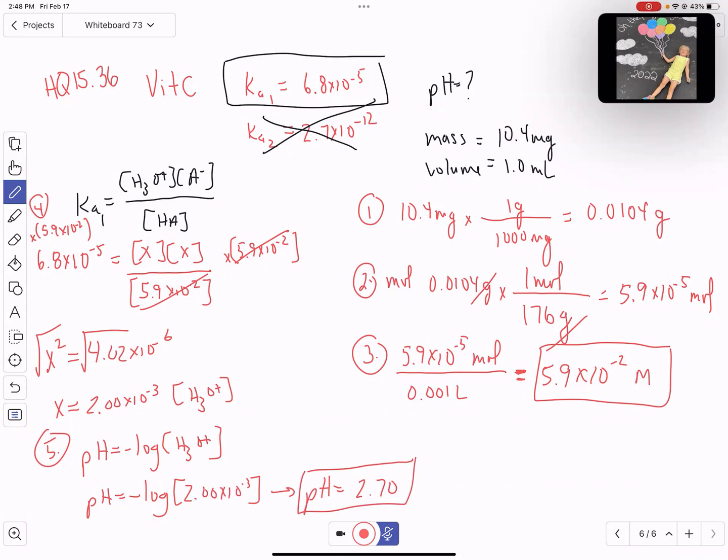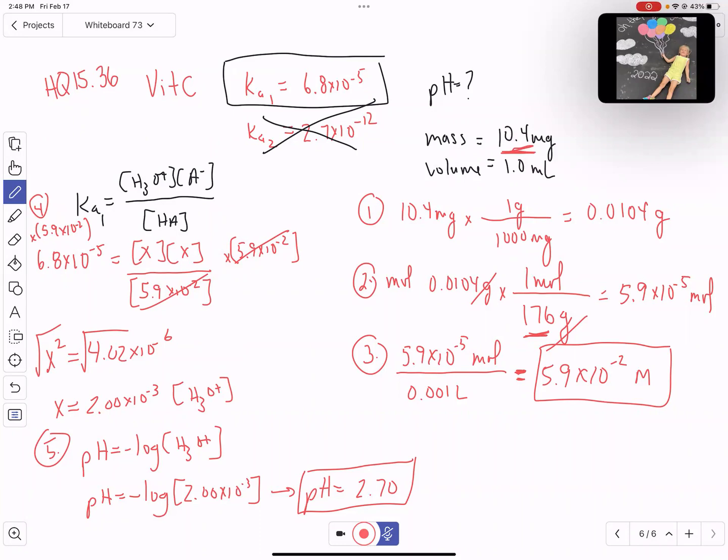So be careful. The mass might be different for yours. The steps would be the same. We're going to convert mass from milligrams to grams, and then grams to moles using the molar mass. Vitamin C has a molar mass of 176 grams per mole. Once I find the moles, I can find concentration, because concentration is moles per liter.